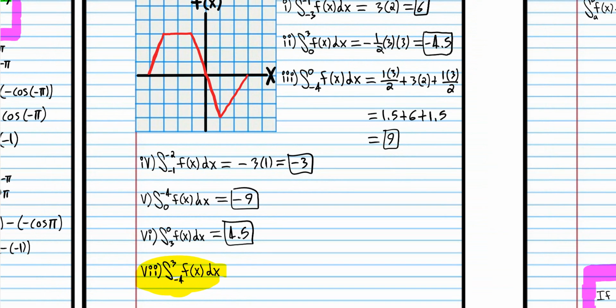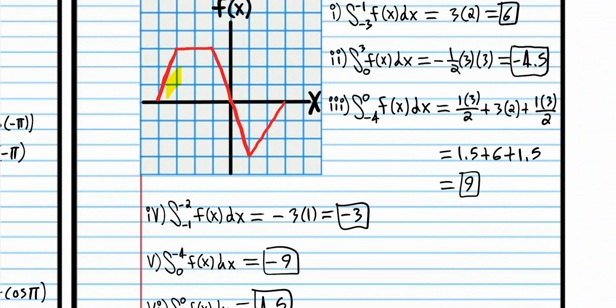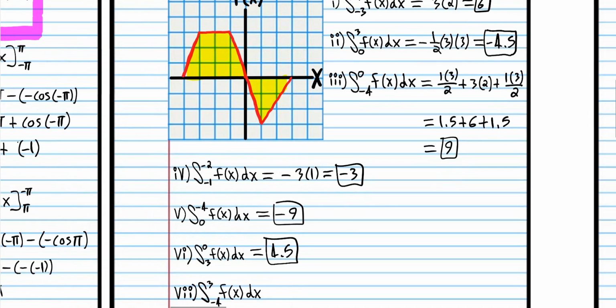So now we're going to integrate from -4 to 3. And so that is this positive area. If we're integrating left to right, that would be positive area. And then we're going to add this negative area. Again, integrating from left to right, area below the x-axis would be negative.